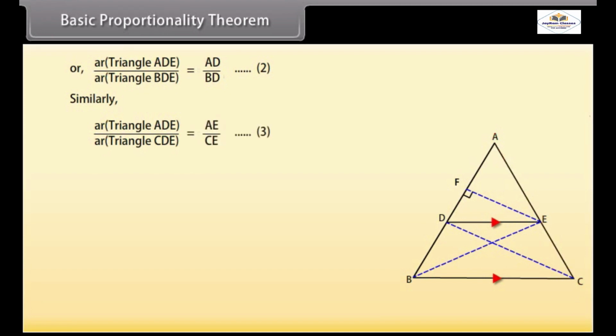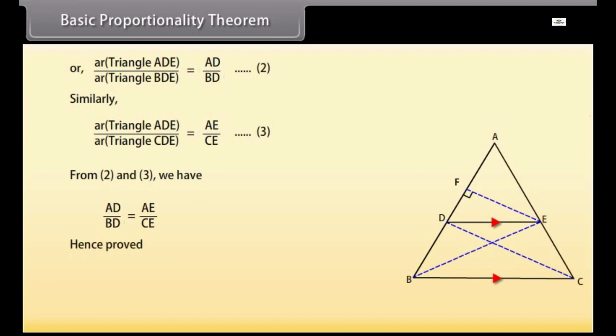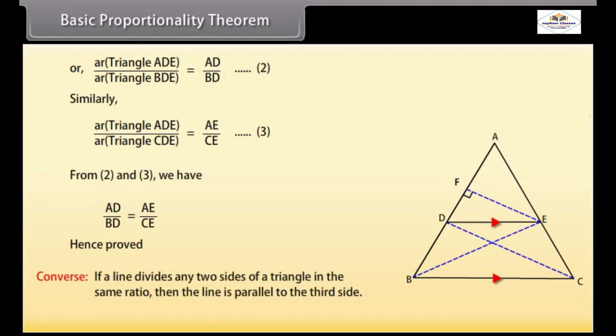Mark it as 3. From 2 and 3 we have AD upon BD equals AE upon EC, hence proved. The converse of this theorem is also true, which says that if a line divides any two sides of a triangle in the same ratio, then the line is parallel to the third side.